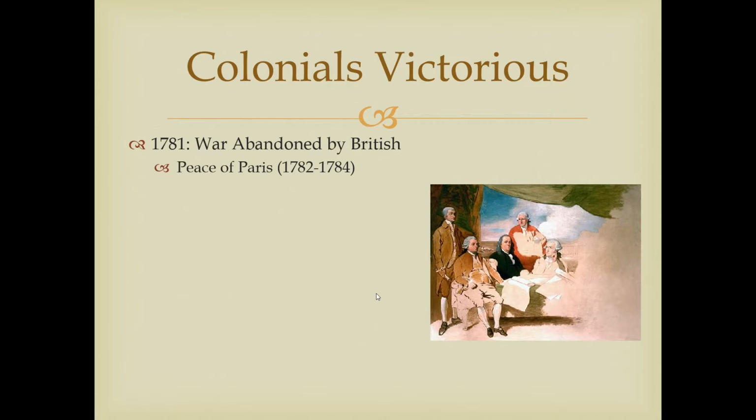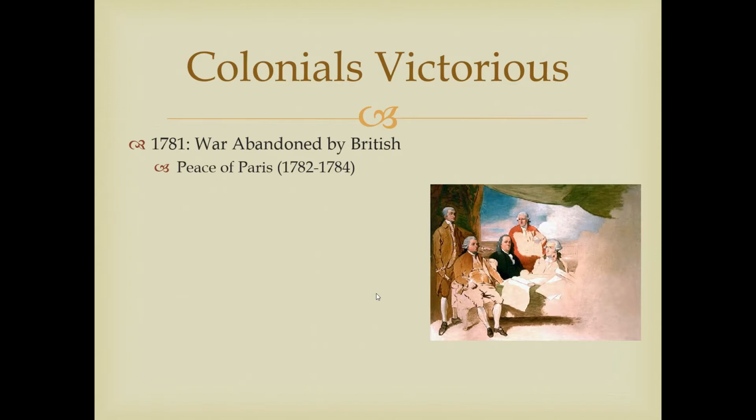I can't remember who drew this one, but it's the same one who drew the unfinished George Washington portrait as well. And Washington in this portrait looks very, very annoyed, the fact that he's sitting there, and then the British just gone. I just love this painting.